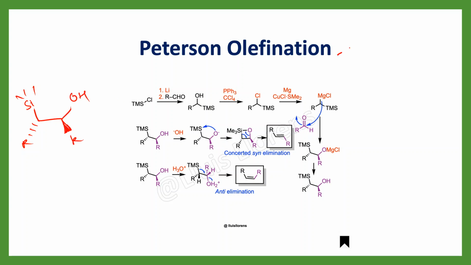There are two conditions for Peterson olefination: one is acidic condition, one is basic condition. In basic condition, your OH base is going to abstract the proton from here. And you know that silicon has vacant orbitals, so it is going to attack there, and it will form a four-membered ring.